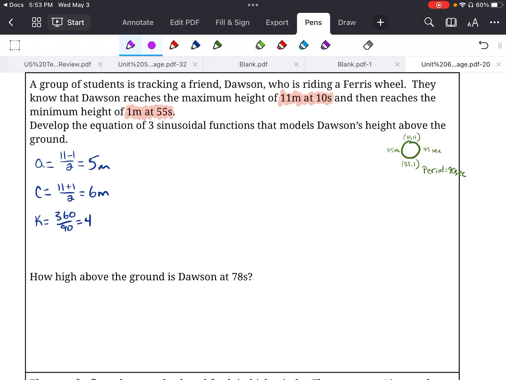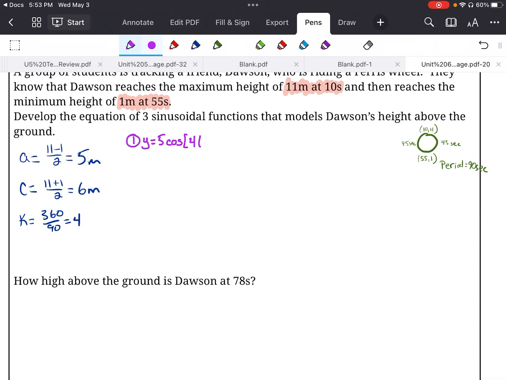Okay, so equation number one, it wants three equations. Because we know when the maximum occurs, we're going to work with cos for the first one. So our amp is 5, our k value is 4, and the axis is 6.